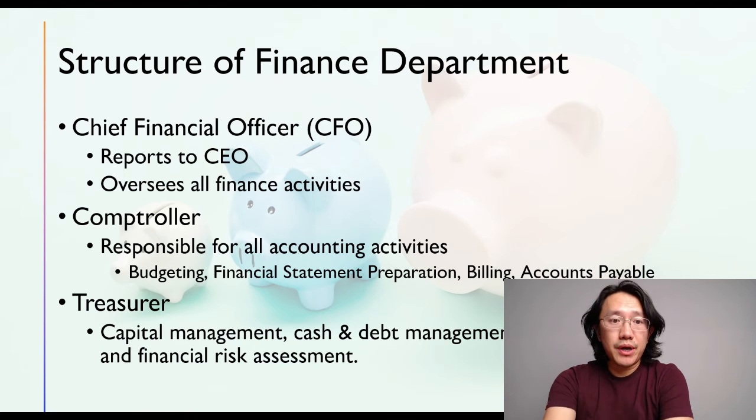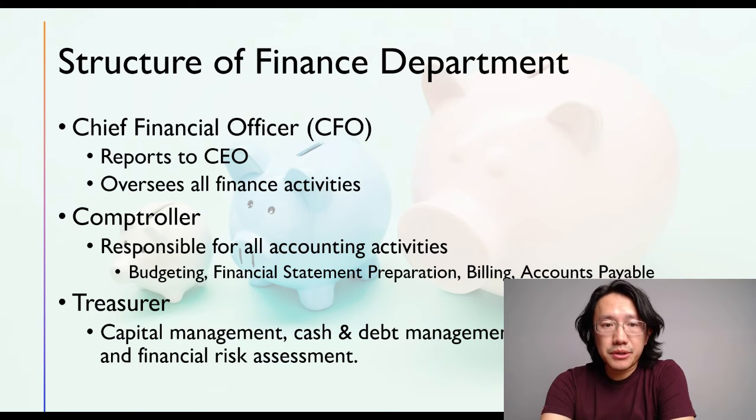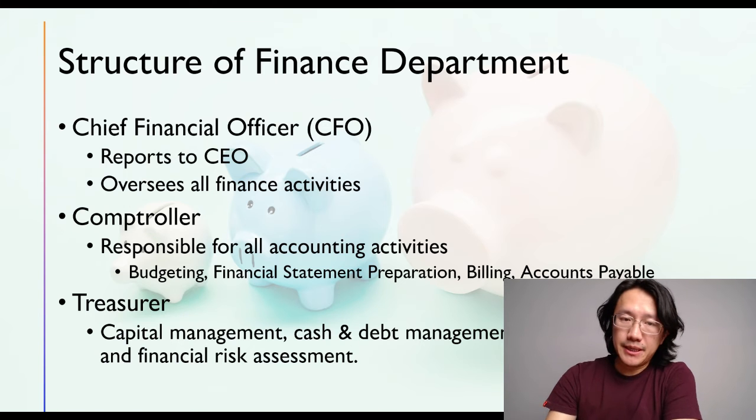Secondly, we have the controller. They are responsible for all accounting activities, such as budgeting, financial statement preparation, billings, and accounts payable. And the third person is the treasurer. The treasurer is responsible for capital management, cash and debt management, lease management, and financial risk assessments.